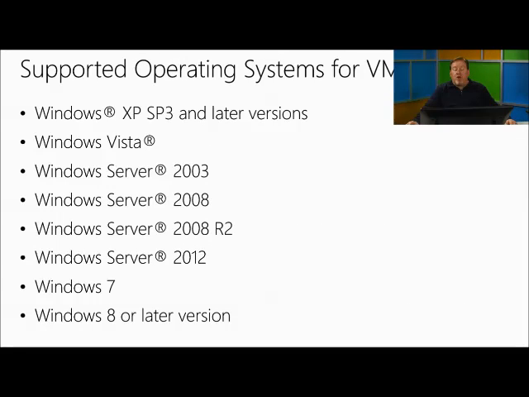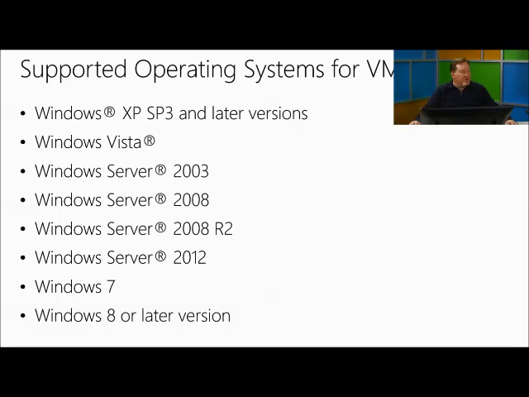So some of the supported operating systems for virtual machines. Today we have XP/SP3. I doubt we're going to provide later versions than that, but that's what was instructed as a part of this course. Windows Vista, again, concerned about that. Windows Vista is no longer supported, so I'm not for sure exactly how we're going to support those VMs.